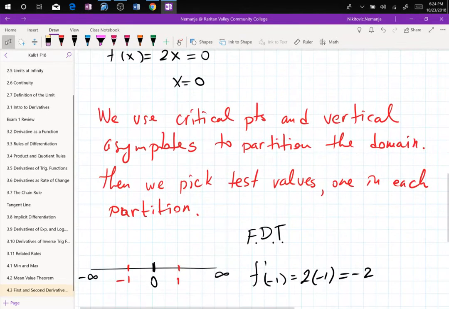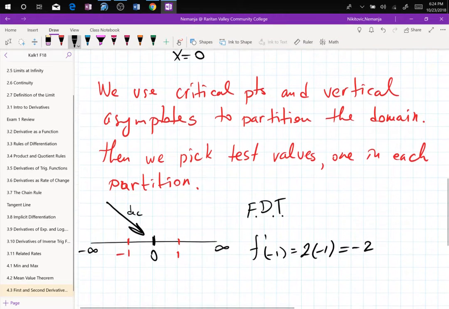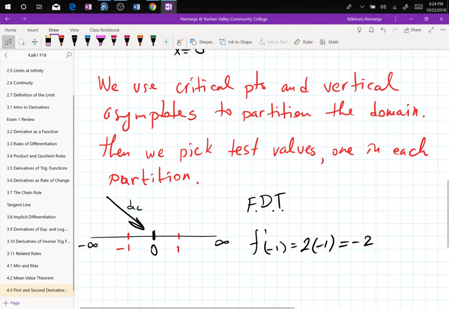So I know that the function is decreasing, and I draw that on the interval -infinity to 0. Why do I know it's exactly that interval? Because I used -1 as my test point. So this is what I said, you get to pick a test point, whatever you want, but it has to be one in each of these partitions.